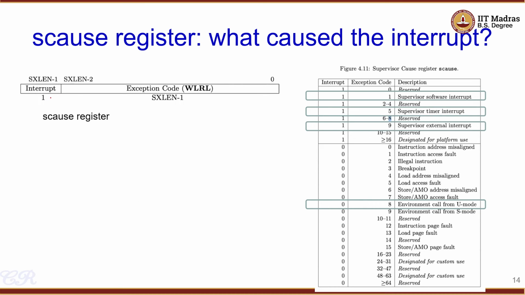Specifically, this is the scause register, and if the most significant bit is set to 1, it essentially means that an interrupt has occurred, okay. And further, if the interrupt is an external interrupt or a supervisor timer interrupt, then the corresponding exception code would be either 9 or 5 respectively.